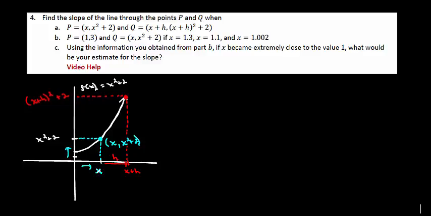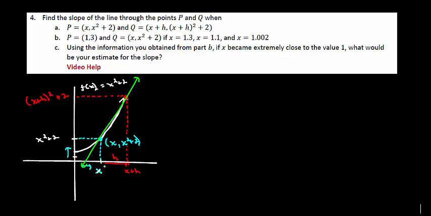What I want to do is find the slope of the line containing those two points, this green line. Now, why are we doing this? In a couple sections, we're going to take h and make it really small.